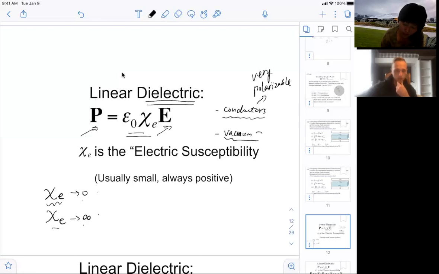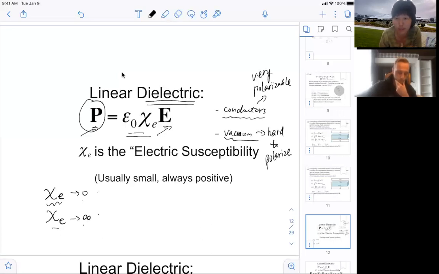So your electric susceptibility is telling you how hard or how easy it is to polarize the material. Yes, very good. For a material that's very hard to polarize, the polarization must be close to nothing. You're not going to get any polarization, so you want the constant to be zero. This is more like vacuum, material that's hard to polarize.